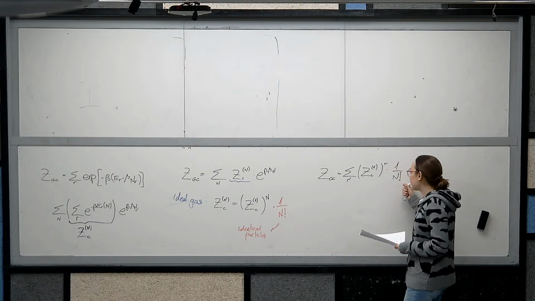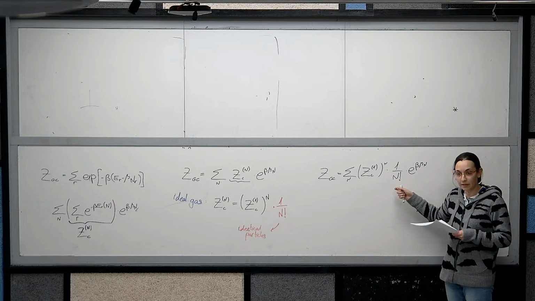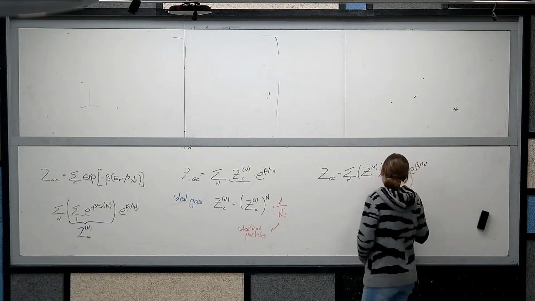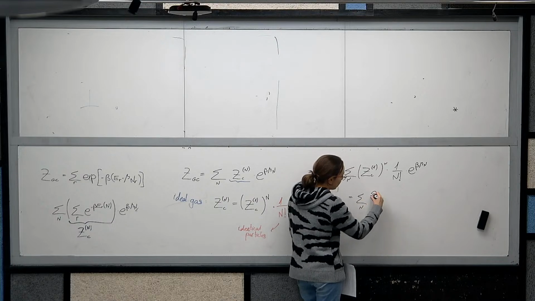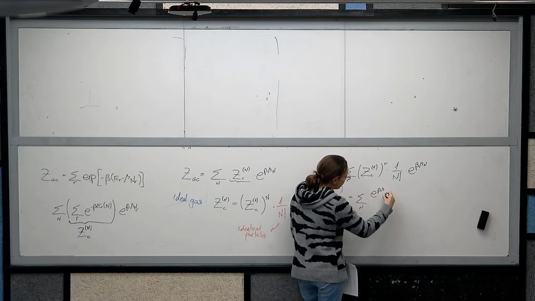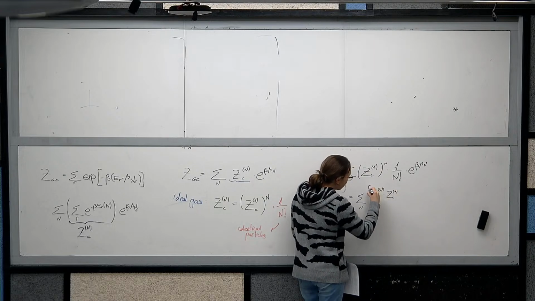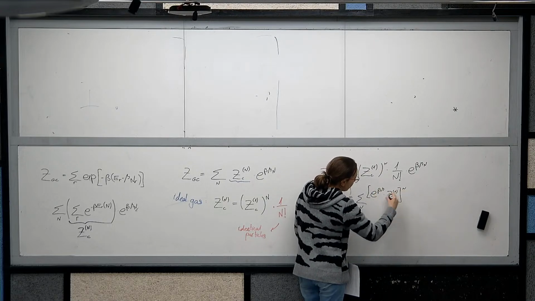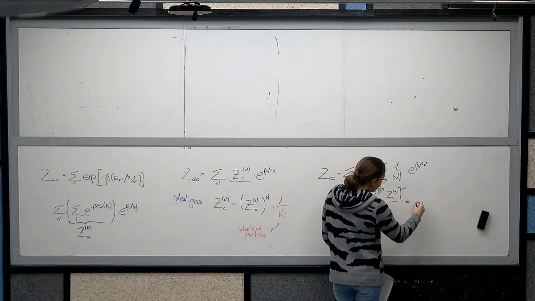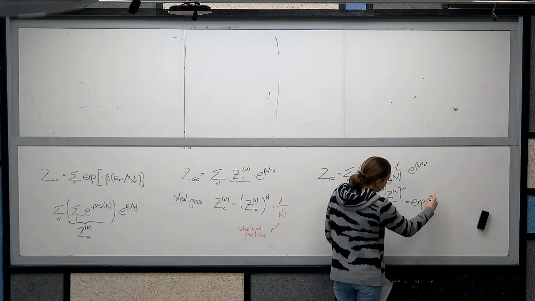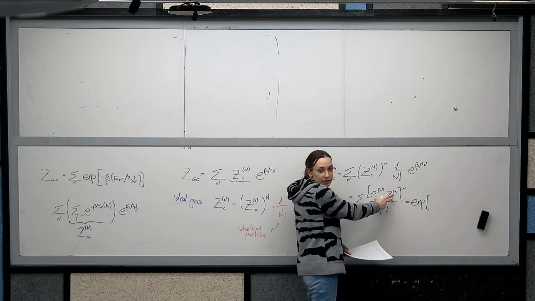Okay, so this is a known Taylor series. We can write it as (e^(βμ) times the partition function) to the power of n, divided by n factorial. So this gives us the exponent of this term inside.